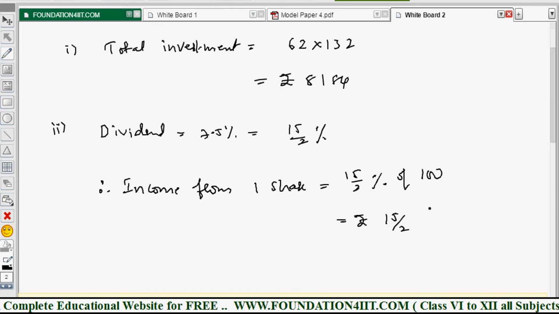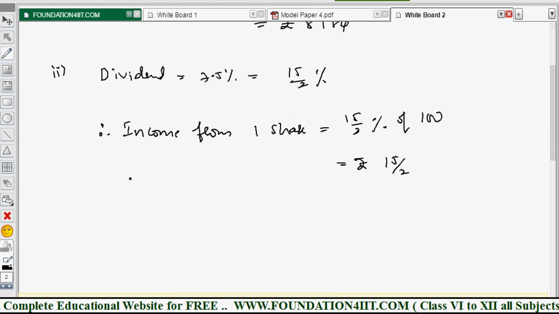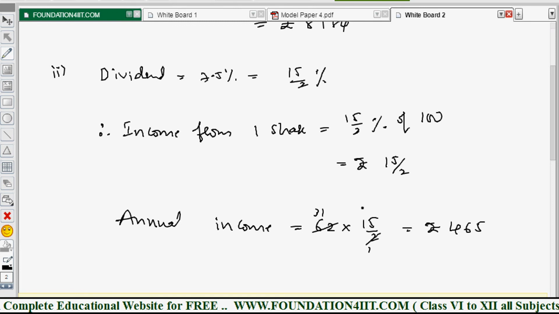Then annual income from 62 shares. The number of shares is 62. Therefore annual income is 62 into 15 by 2. 2 ones are 231 into 15. That is 465. 465 is the annual income or annual dividend.